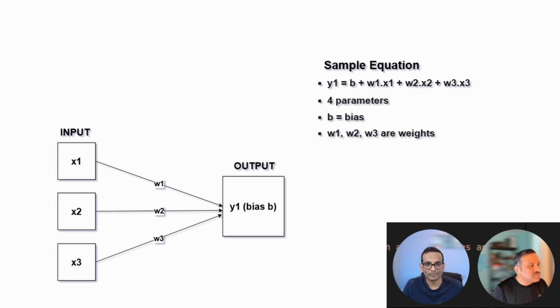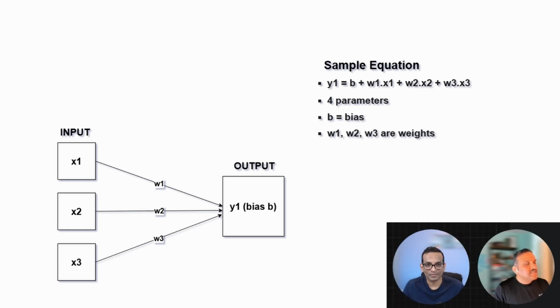And to explain what a parameter is, I've created a small diagram. We don't have to get into complicated algebra, but let's say you're writing a Python function y1 equals b plus w1 x1 plus w2 x2 plus w3 x3. If I were to represent it using a diagram, it would look like this. x1 is an input, x2 is an input, x3 is an input, and each of these lines carries a weight, w1, w2, w3, and there's a bias that is added to it, and you get the output y1, right?